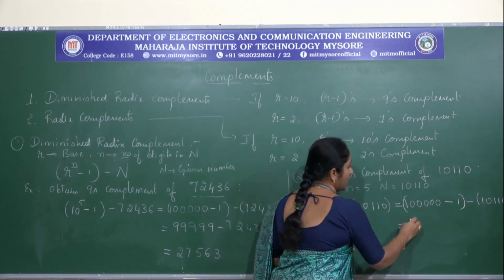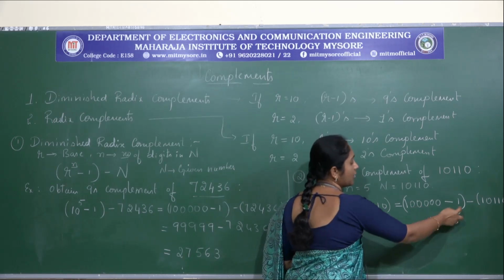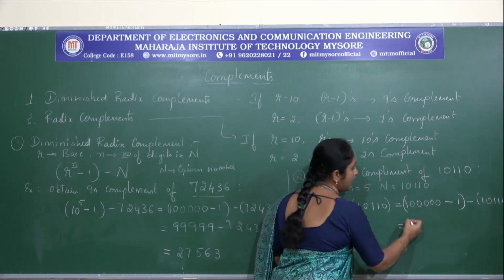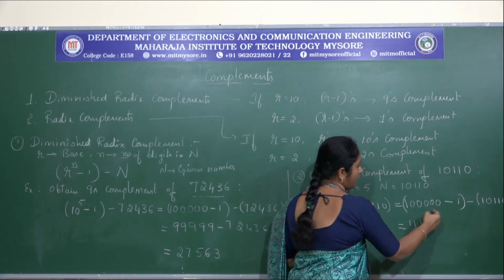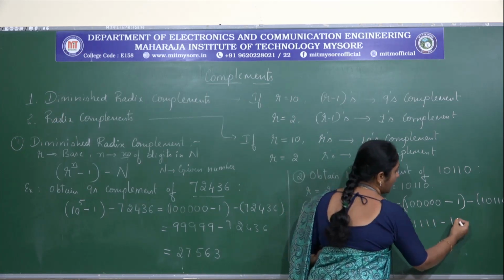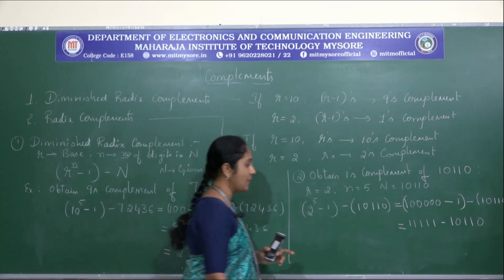Now what is the result of subtracting 1 from 32? We are going to get 31. 31 is nothing but all 5 bits ones, minus this.